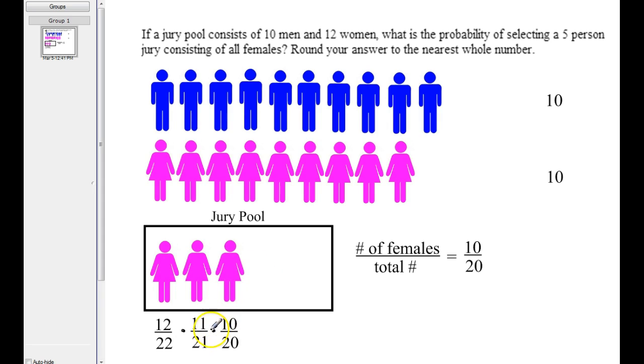Every time we say and, we can treat that as multiplication. Now the probability the fourth juror selected is female: there are only 9 females left, 19 total, so the probability is 9 out of 19. And finally the last juror: there are now 8 females left, 18 total, so the probability the last juror selected is a female is 8 out of 18.